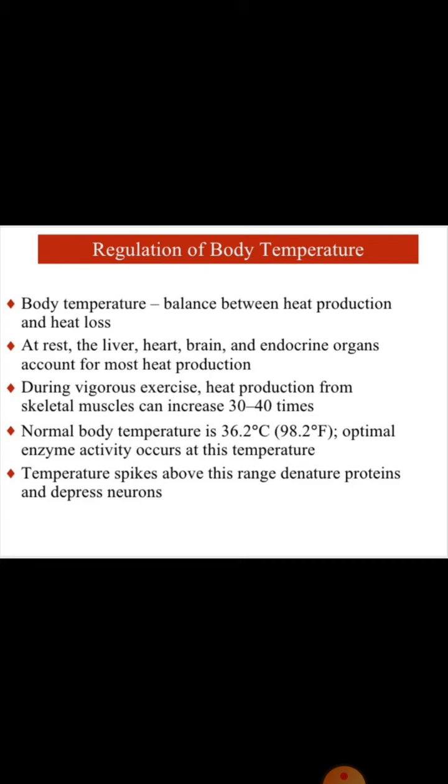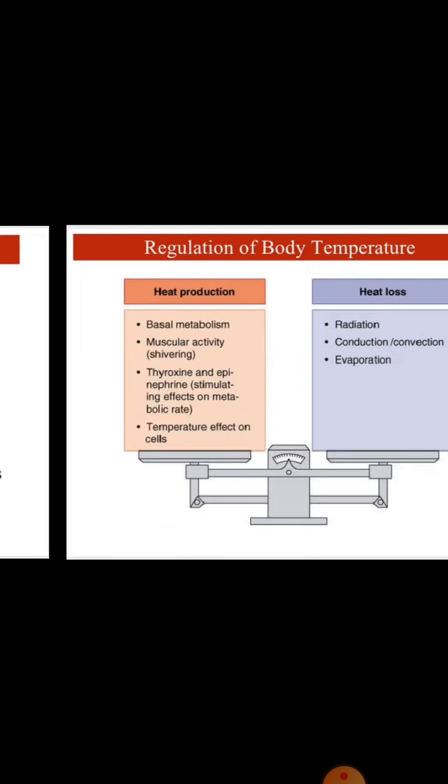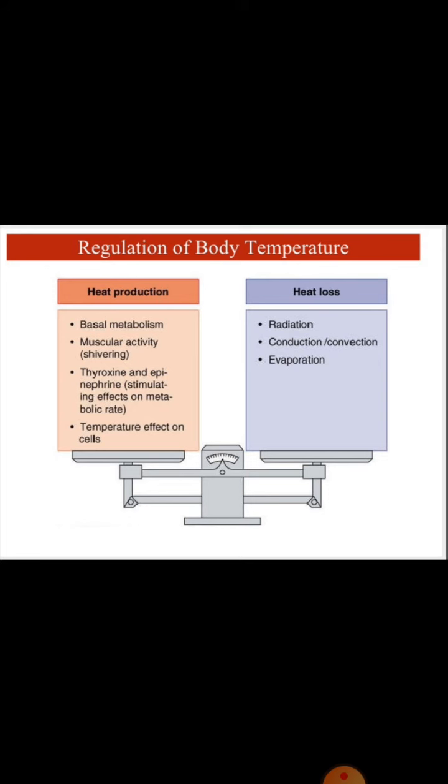Normal body temperature is 36.2 degrees Celsius. Optimum enzyme activity occurs at this temperature, but temperature spikes above this range denature proteins and depress neurons. So here you can see the balance, how we can maintain a normal body temperature through heat production and heat loss.